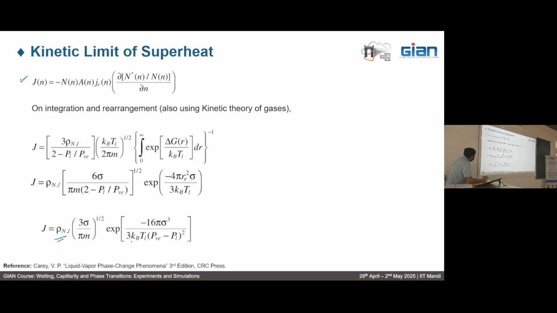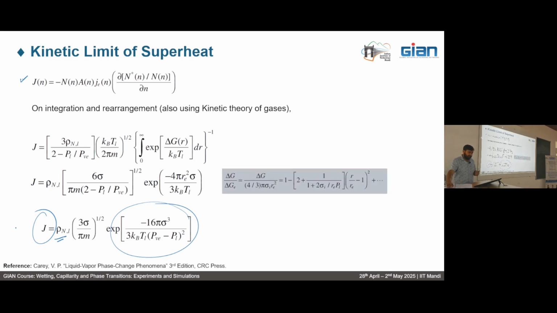If you look at this J, the term inside the exponential is a strong function of temperature. T_L is here and pressure is also a function of temperature. So if any fluctuation or change takes place here, we can see a very sharp increase or decrease in J, and that is what we see.